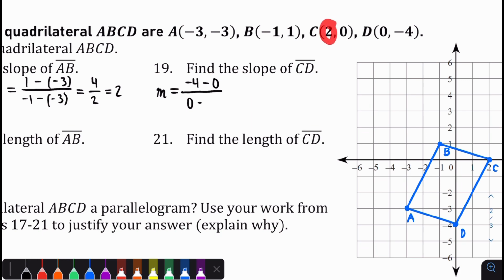And the X part of C is 2. Negative 4 minus 0 is just negative 4. 0 minus 2 is negative 2. A negative divided by a negative is a positive, and 4 over 2 is 2. So that's interesting. They have the same slope.